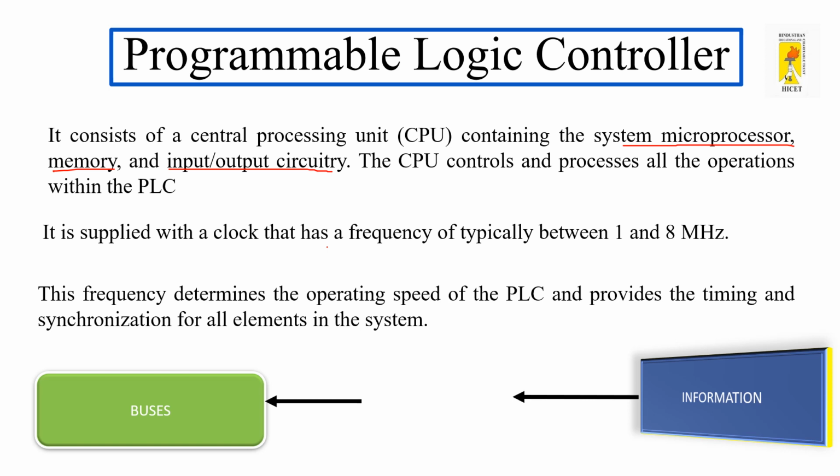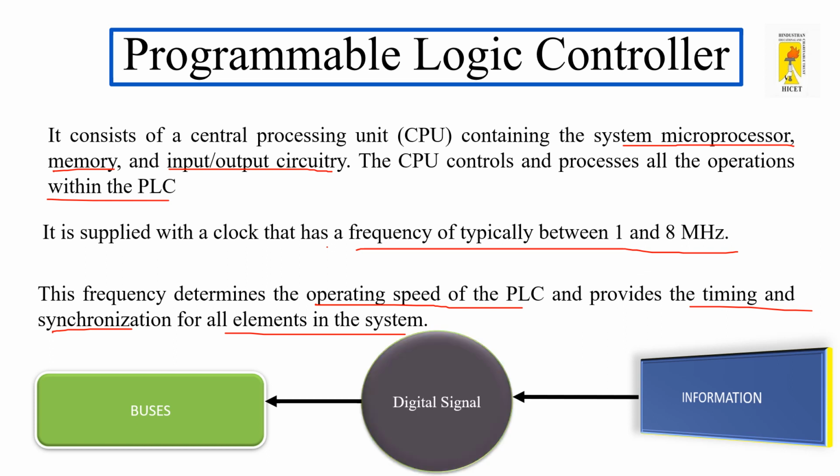The CPU controls and processes all the operations within the PLC. It is supplied with a clock signal with a frequency of typically between 1 to 8 megahertz. This frequency determines the operating speed of the PLC, and it provides the timing and synchronization for all the elements in the system. So this diagram shows you how the information flows.